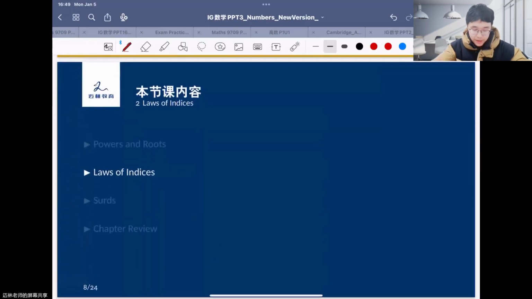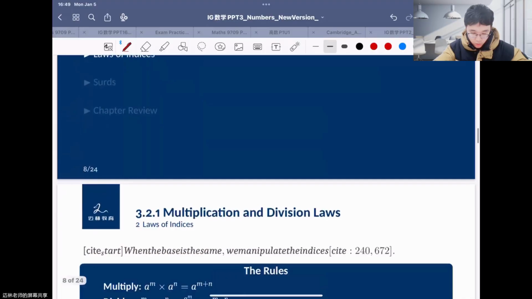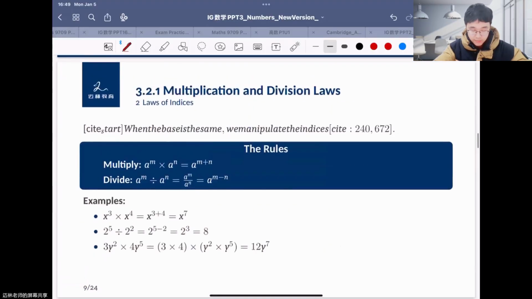Okay, the next part is about laws of indices. So what are the laws of indices? Let's make a brief introduction. Here in this formula, we have a^m times a^n, and the answer is a^(m+n), right? This is for multiplying. How to understand this?